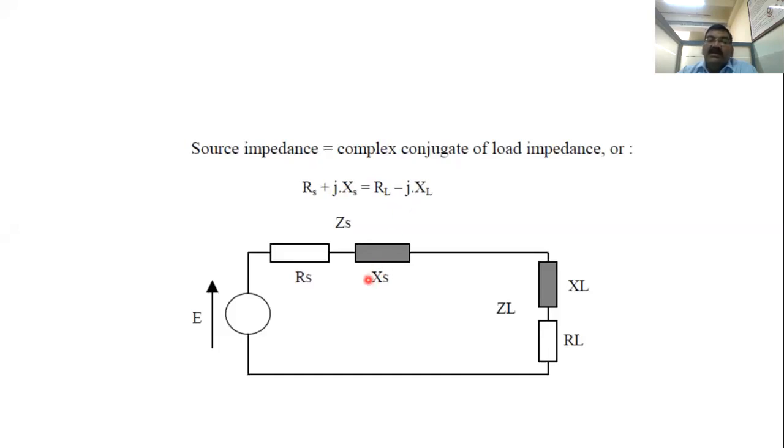If the source reactance is offered by a capacitor, then the load reactance will be offered by an inductor. They are opposite, so the sign will be negative. This is the concept.